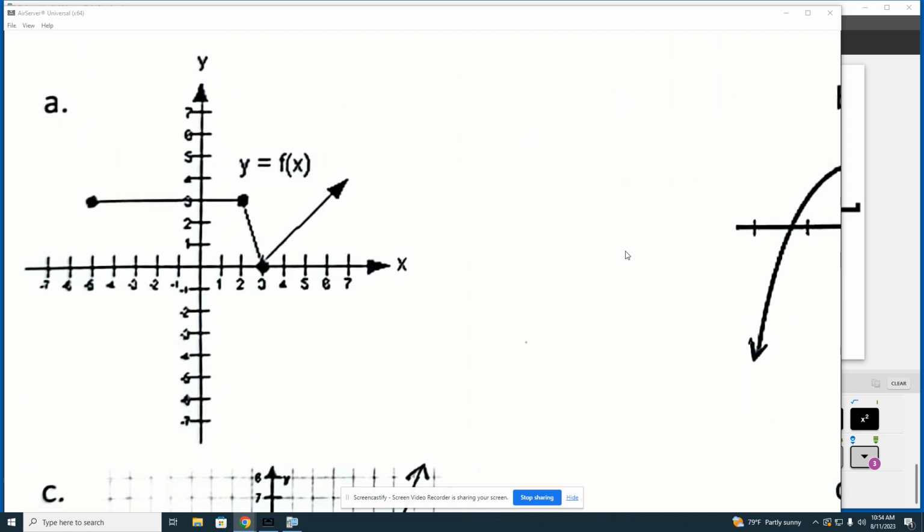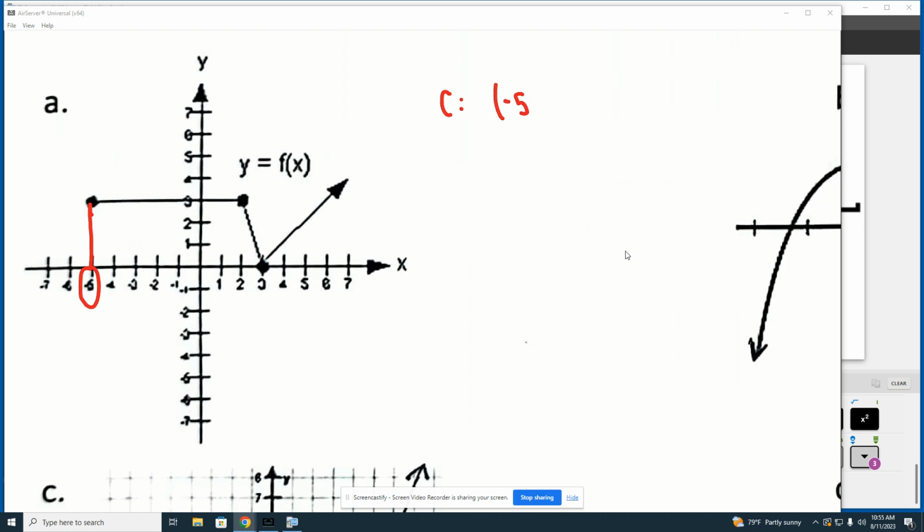What's this thing doing right off the bat? It's constant. So I'm just going to use a C, okay? Y'all know what C means, constant. What x value is it beginning at? -5.